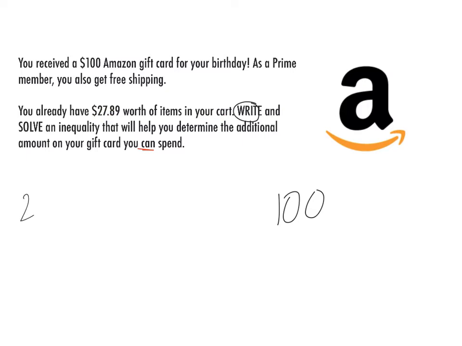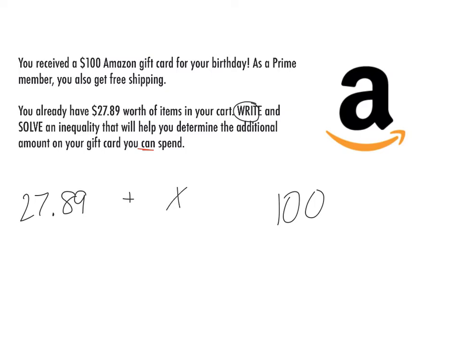So we've got this $27.89 of stuff that's already in our cart. But I could add to that cost by putting more items in my cart, right? You know, I could buy a pair of headphones. I could buy toilet paper. You could buy anything on Amazon. So maybe other items, right? I don't know what the cost of the other items are, so what do we use?